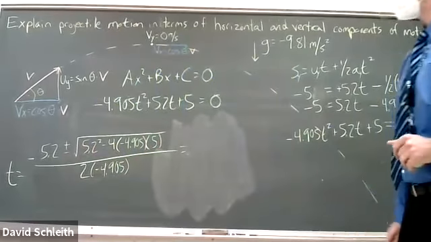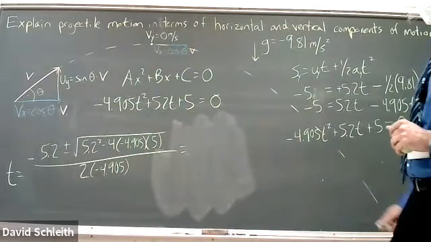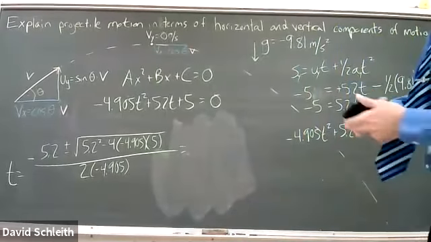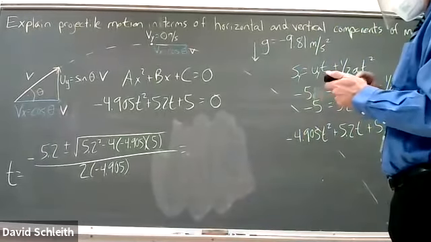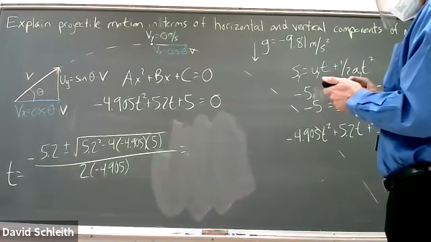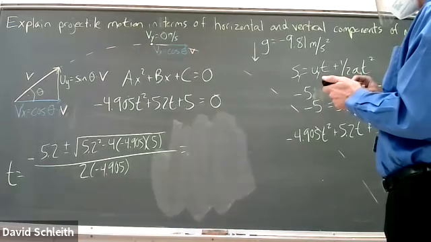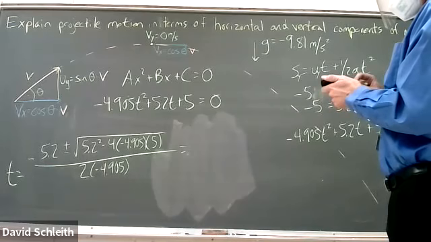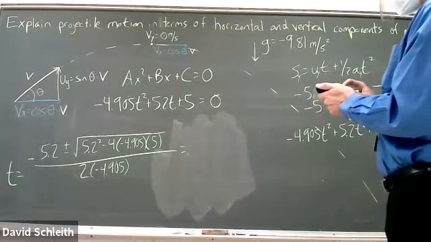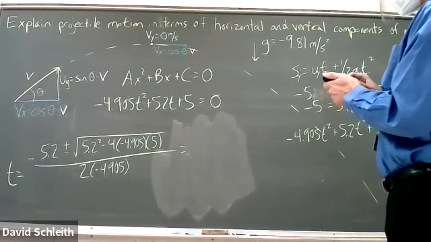All right, so we got that. Let's solve underneath the radical first. I get 5.2 squared minus 4 times negative 4.905 times 5.